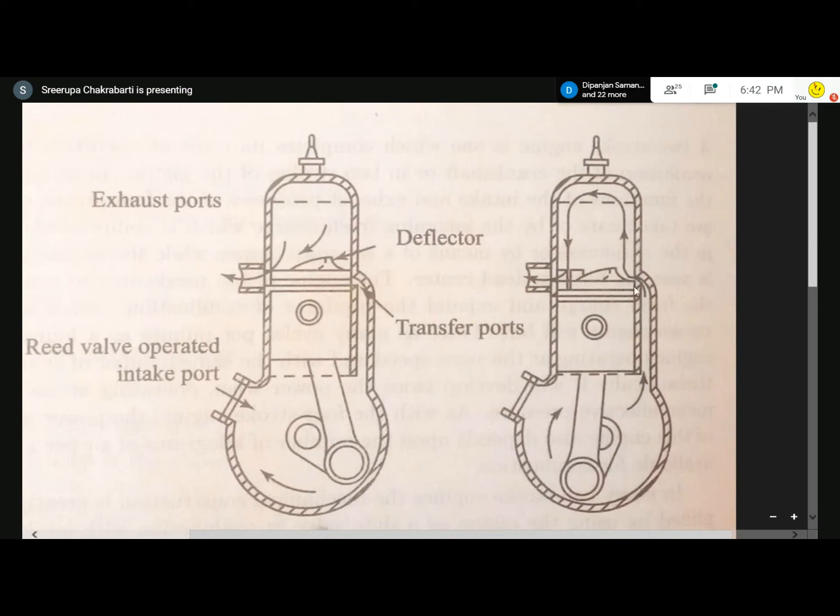Piston is coming down, but so long as this port is not open, the crankcase charge is compressed. I mean, it is pressurized, but it cannot enter.